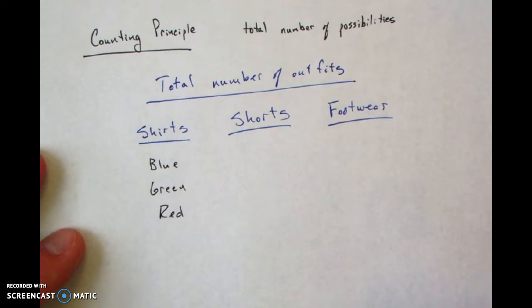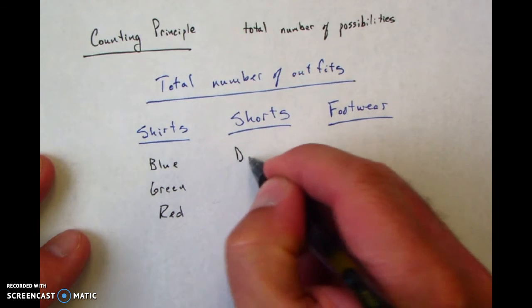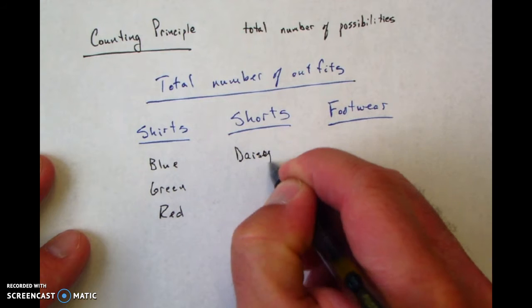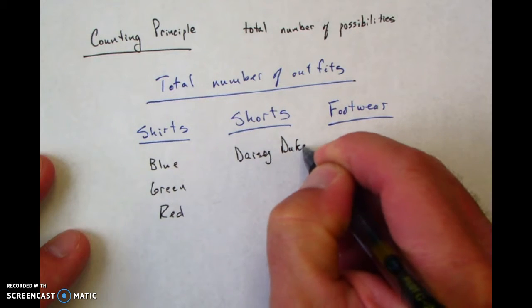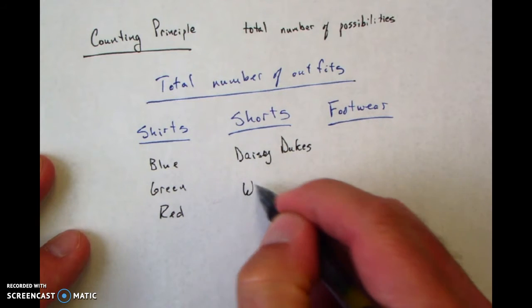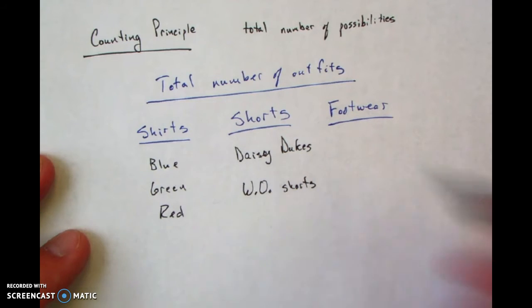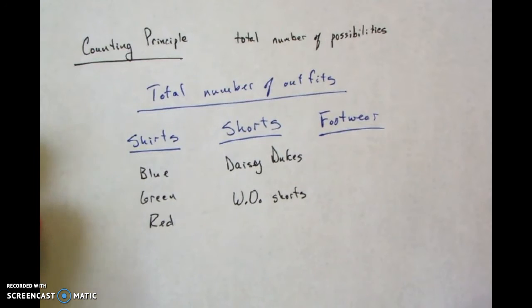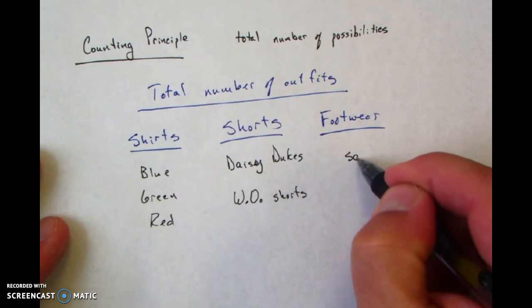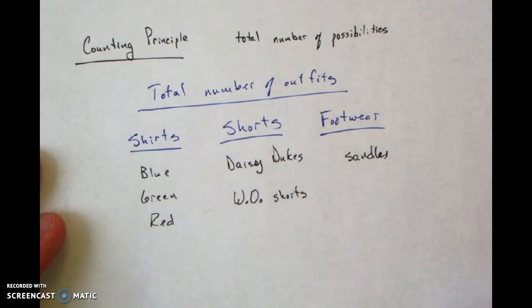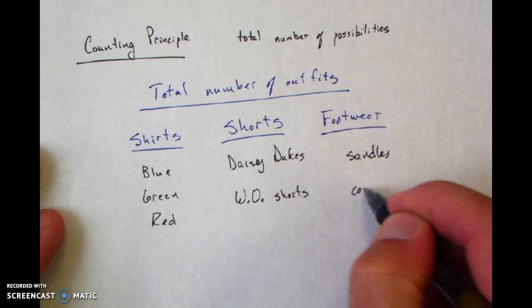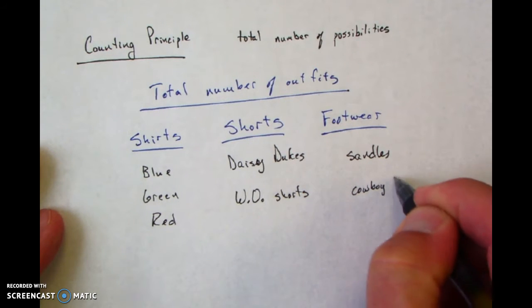And then it's going to be nice and warm, so I'm going to pack my Daisy Dukes, and I'm going to pack some workout shorts. And for footwear, because it's going to be nice, I'm going to make sure I pack my sandals. And I might want to dress up, so I'm going to pack my cowboy boots too.